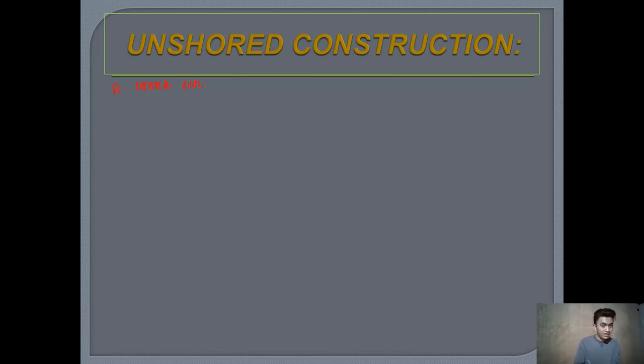So we will be considering both steel and concrete section.